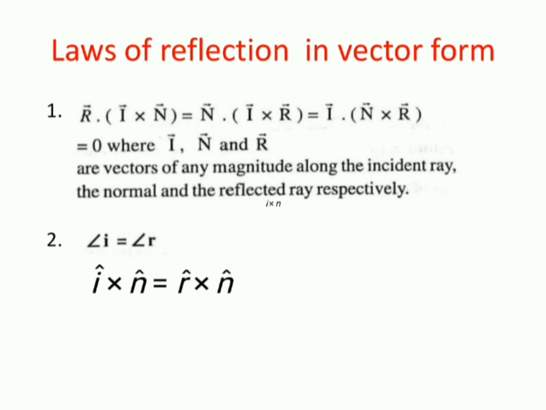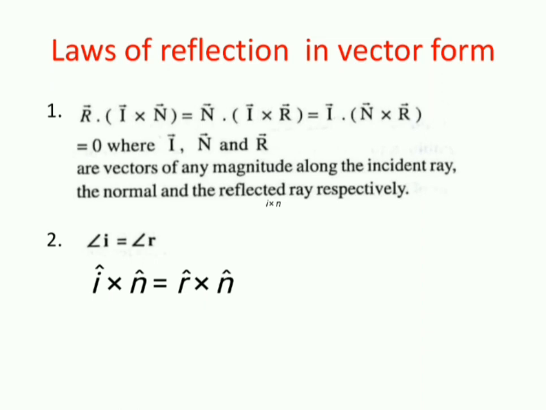So the scalar triple product of I, N and R should be 0, which can be expressed as R dot I cross N, equal to N dot I cross R, or I dot N cross R, but all of them will be equal to 0.